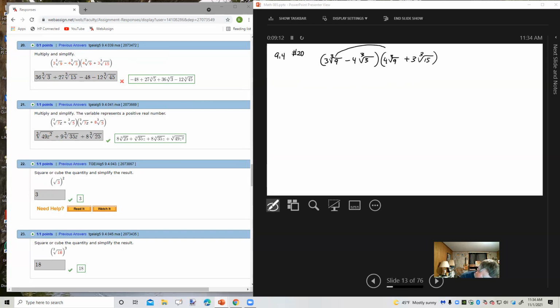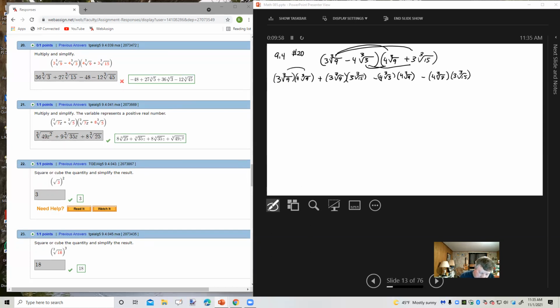So we're going to take this times this, which is going to give us 3 cube roots of 9 times 4 cube roots of 9, and then this, which is plus 3 cube roots of 9 times 3 cube roots of 15 minus 4 cube roots of 3 times 4 cube roots of 9 minus 4 cube roots of 3 times 3 cube roots of 15. So now we've got 4 products. Let's take a look at each one.